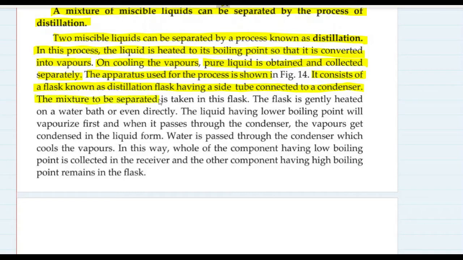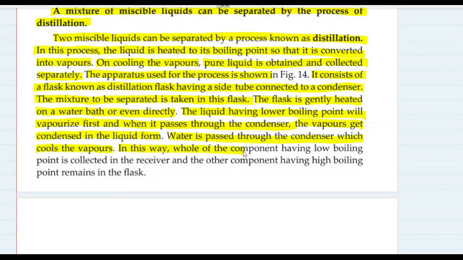The mixture to be separated is taken in this flask. The flask is gently heated on a water bath or even directly. That's what they have mentioned. The liquid having lower boiling point will vaporize first, and when it passes through the condenser, the vapors get condensed into liquid form. Water is passed through the condenser, which cools the vapors.